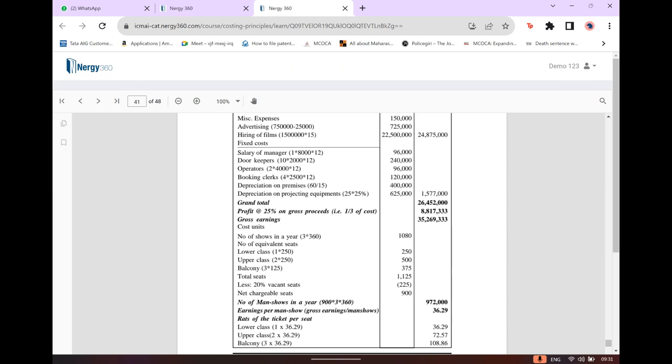Number of equivalent seats will be 250 into 1, 250; 250 into 2, 500; 125 into 3 is 375. The total seats is 1125. Less 20% vacant seats will give me 225. So the net chargeable seats will be 900 seats. So 900 seats will be chargeable.